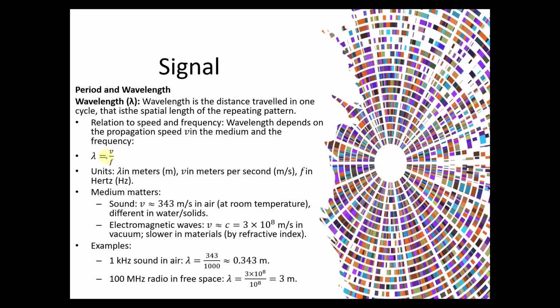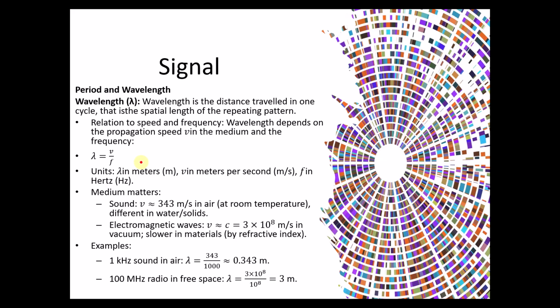The wavelength of a signal is the velocity of the transmission medium divided by the frequency of the signal. So wavelength depends on the propagation speed v in the medium, and then the frequency of the signal.